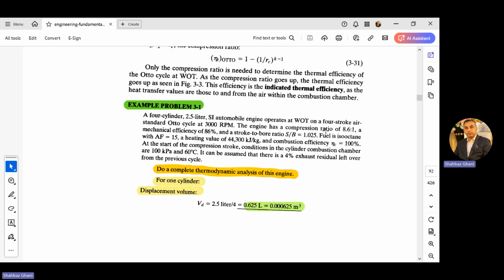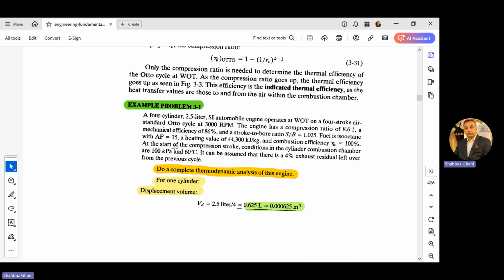The engine has a compression ratio of 8.6:1, a mechanical efficiency of 86%, and the stroke to bore ratio is 1.025. Fuel is isooctane with air fuel ratio 15, a heating value of 44,300 kilojoules per kilogram, and the combustion efficiency is 100%.